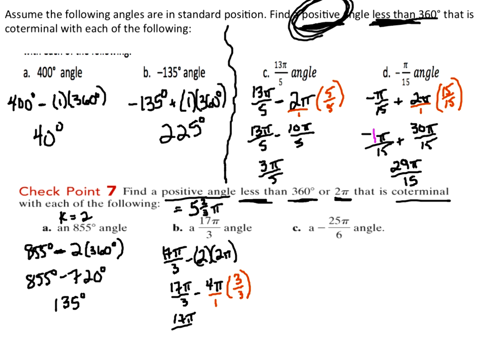So that's 17 pi over 3 minus 12 pi over 3, and I finally end up with 5 pi over 3. So not quite a full revolution. Remember, the full revolution is 2 pi, and if I have 5 pi over 3, then I've got 1 2/3, so I'm 1/3 shy of being 1 full revolution.